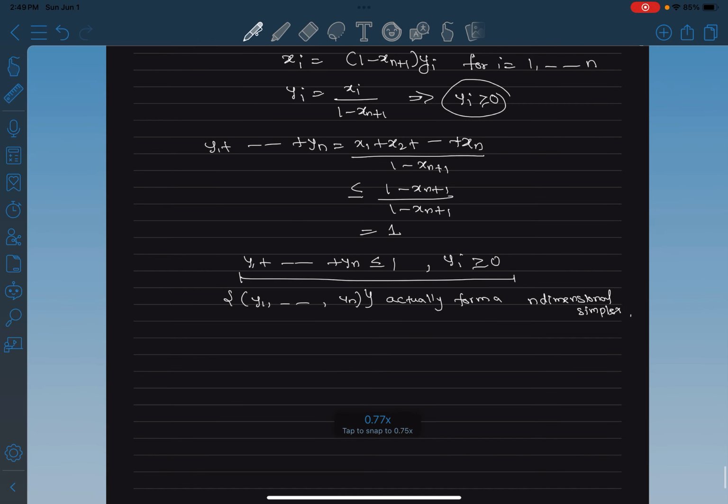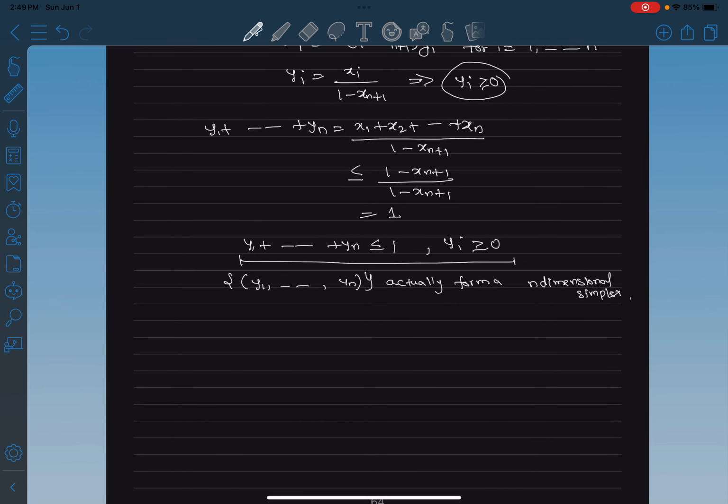To find the Jacobian, we want to see how dx1, dx2 up to dxn relates to dy1, dy2 up to dyn, right?